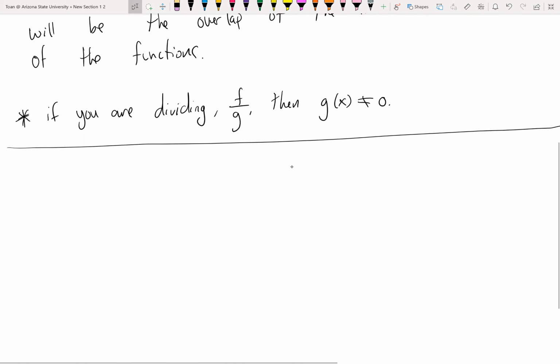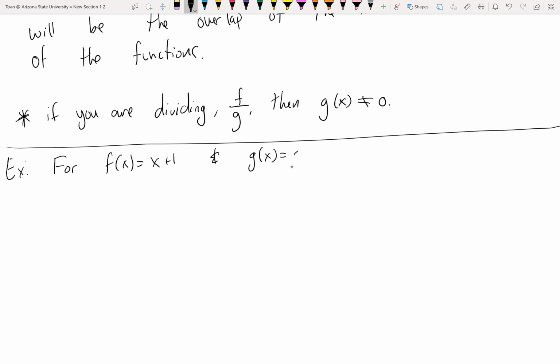We'll take a look at a couple of examples here. Say, for example, I asked you for f of x equals x plus 1 and g of x equals the square root of 4x minus 3, find f plus g and f over g and their domains.